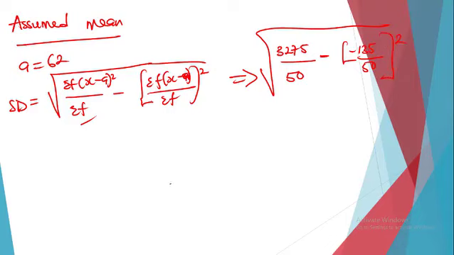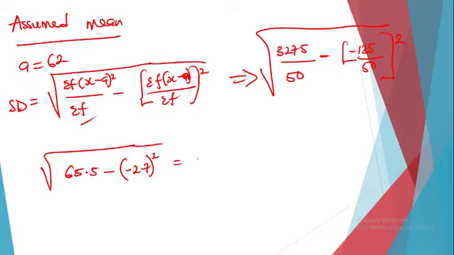Okay, so we'll break this down. This is the square root of 3,275 divided by 50, which gives 65.5, minus, open a bracket, minus 135 divided by 50, which will give us minus 2.7. Remember, there is a square here, so you add your square.